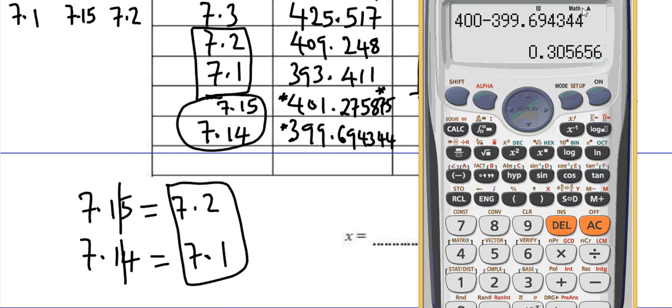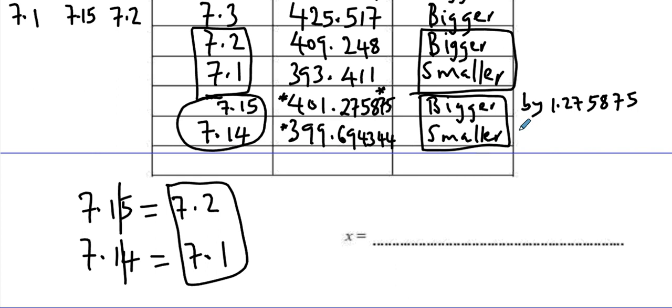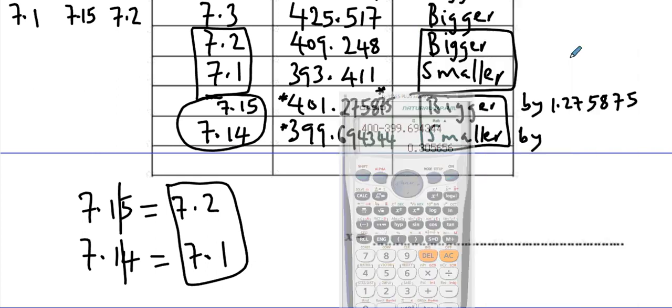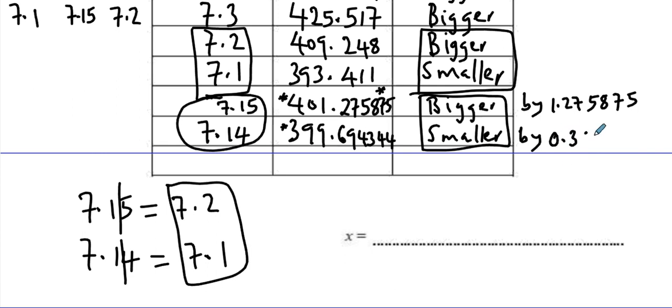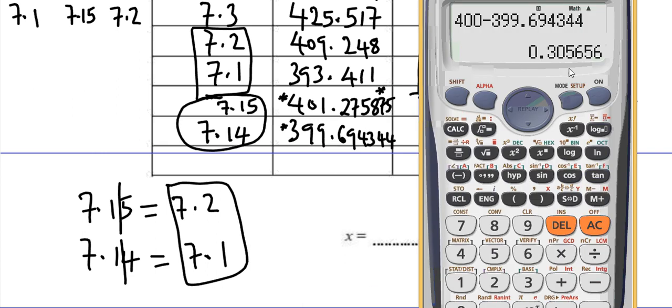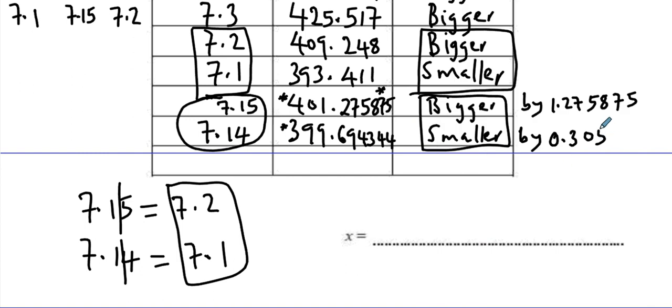This result is smaller by 0.305656. So you can see that 7.14 is giving 399.694344, which is smaller by only 0.305656.